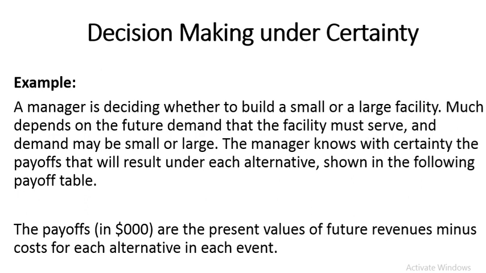theory. So, under the use of decision theory, there are different scenarios in which we can apply decision theory. So, the first scenario could be once you are making the decision under certainty.